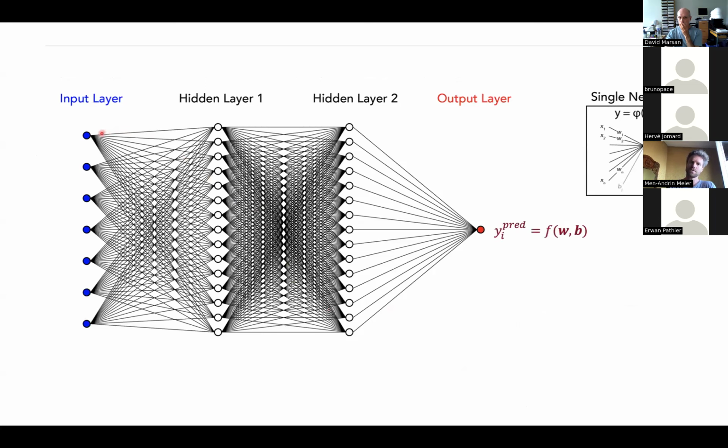And so when we give the network some input, it will produce some output that could be good or bad or anything in between. And this output is a function of all our weights in the network. Remember, every connection between neurons here has a scalar weight, and every layer has a bias. And so this prediction is a function of these parameters.